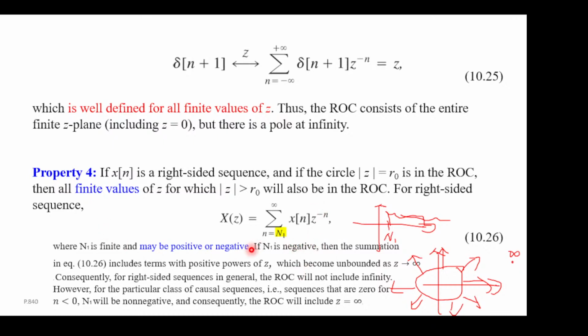So property 4: your ROC is like a ring that goes to radius infinity, but it might not include the actual infinity. If you want the actual infinity to be in the ROC, then it depends.